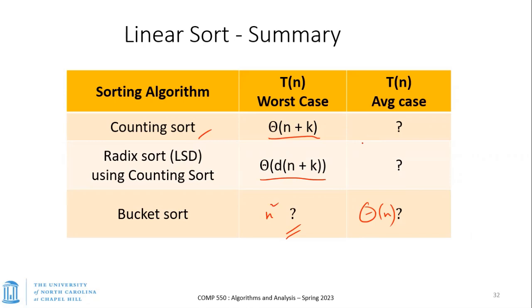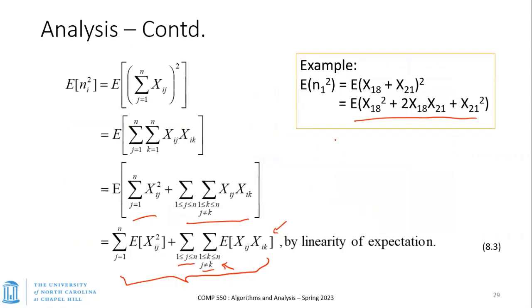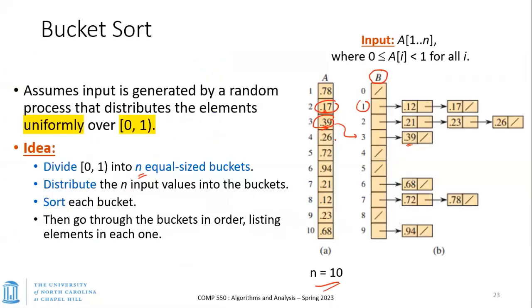And what about the average case for counting sort and radix sort? Do you think it's going to be different as compared to the worst case scenario? Now think back as to how the algorithm is operating. Is the average going to be different as compared to the worst case? You'll have to think about it a little bit, but hopefully you should be able to convince yourself that even in the average case, you're still going to end up with these operations.